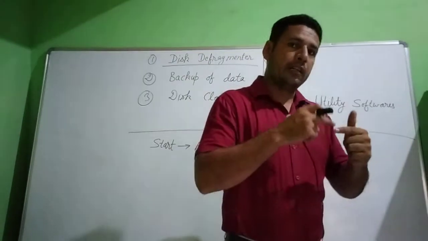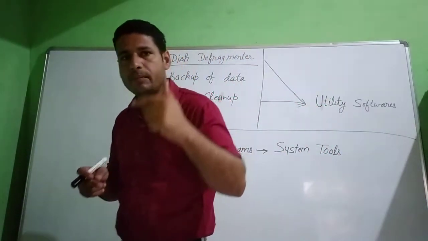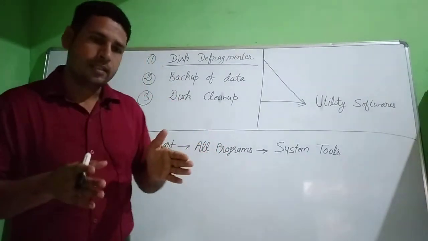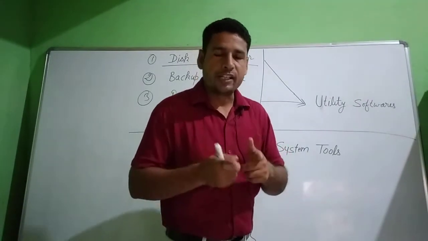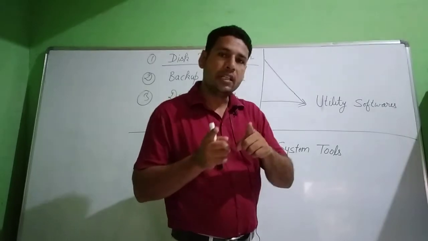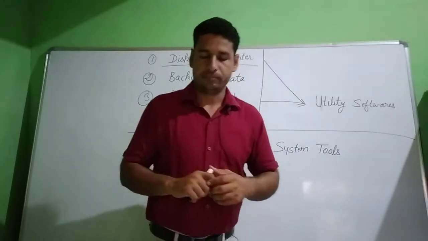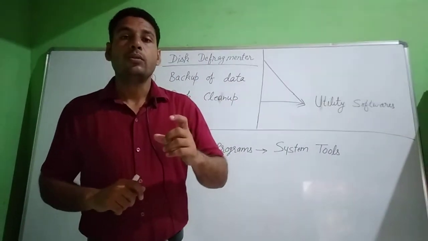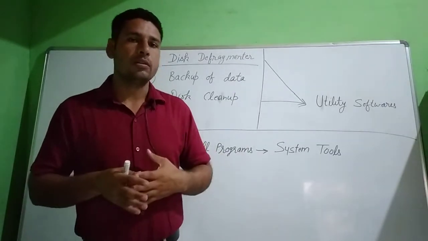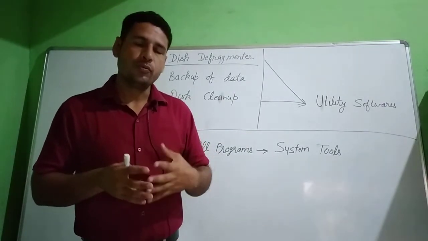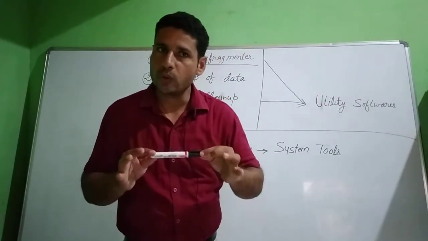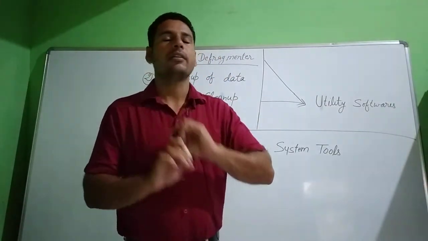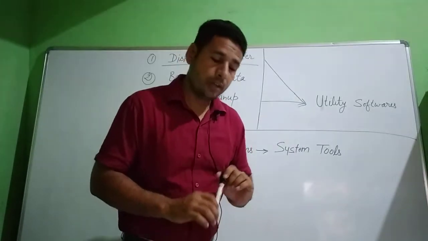And if we remove that space in between your files and make it available for utilization, that is called defragmentation. So for this work we have a specific software that is called disk defragmenter. Clear?